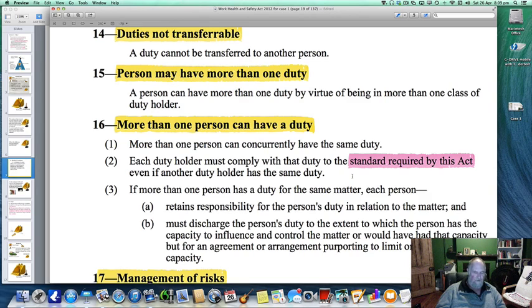But this clause, 16.3, okay, if more than one person has a duty for the same matter, each person retains a responsibility for the person's duty in relationship to the matter and must discharge that person's duty, and don't worry, we're going to get to what the duty is in a minute, to the extent to which the person has the capacity to influence and control the matter.